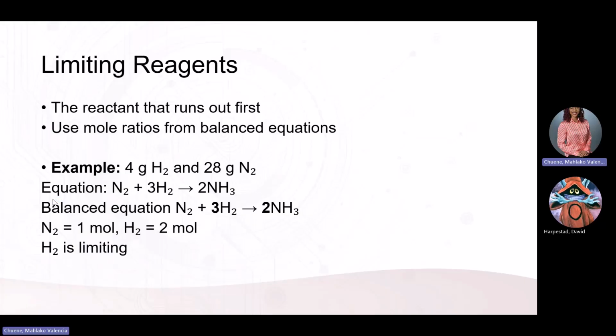All right, now because this does not fully react, we are going to do the mole ratio. When you do the mole ratio, you look at it in a normal setting.